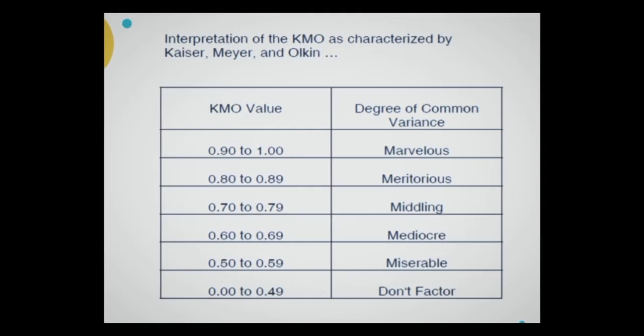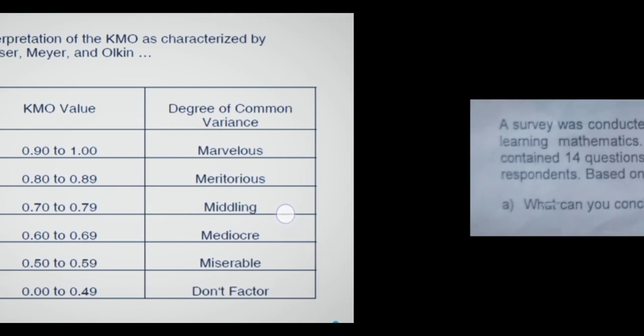Okay, so this is dia punya degree of common variance using the KMO value. Like I said just now, if the value is more than or equal to 0.6, okay, so we can consider the factor analysis can be proceeded. If below that, we cannot proceed with the factor analysis.